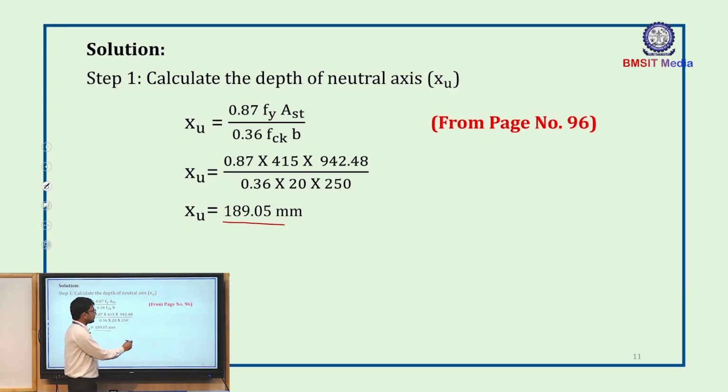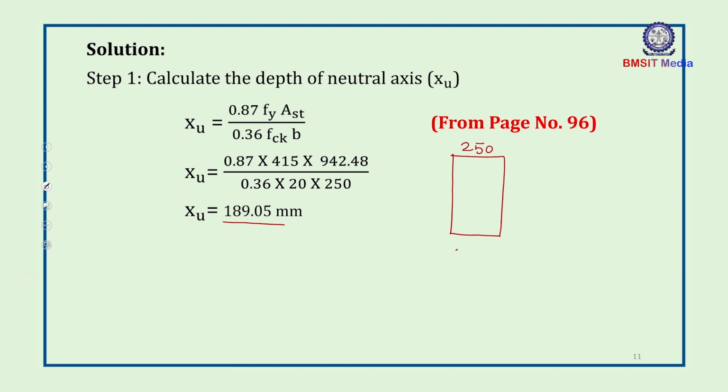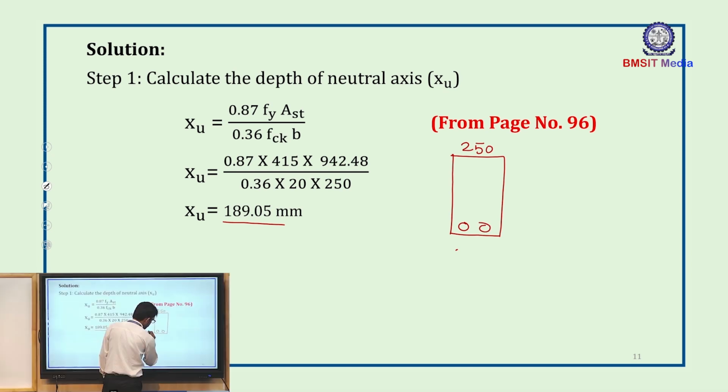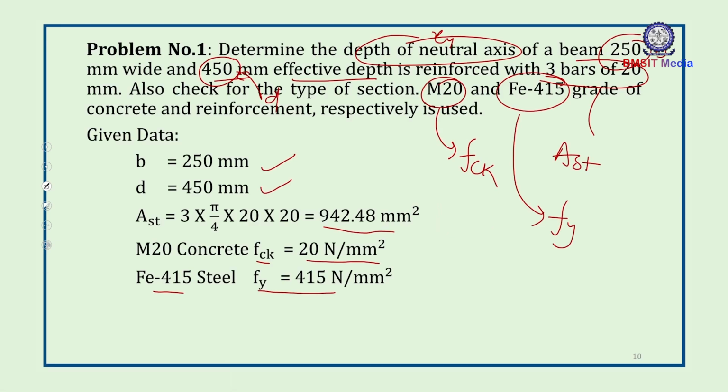So it means, according to this question, the size of the beam is given to you, that is 250 mm. Okay, and small d, if you are providing the reinforcement, small d is up to this. So small d is given as 450.